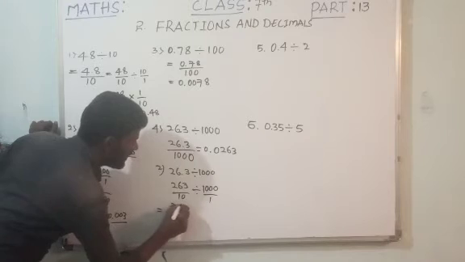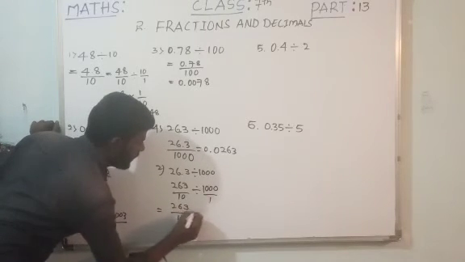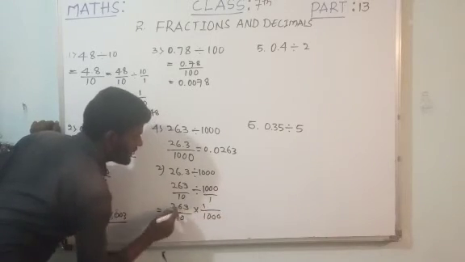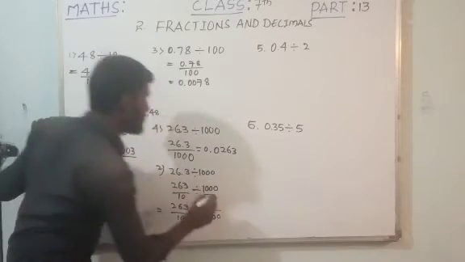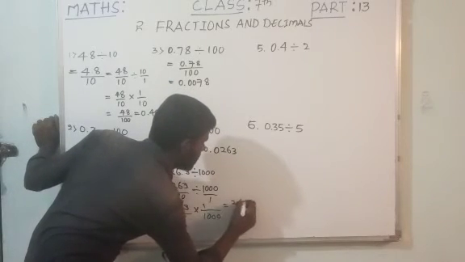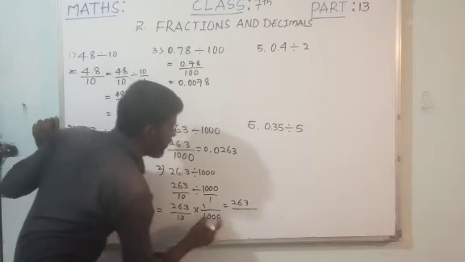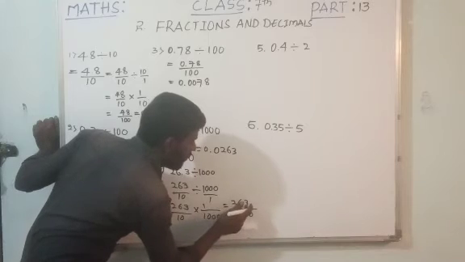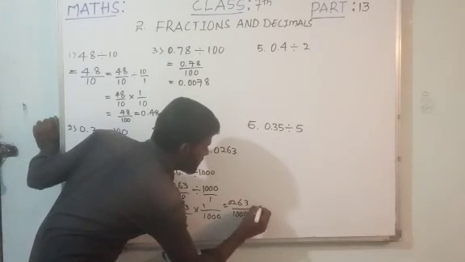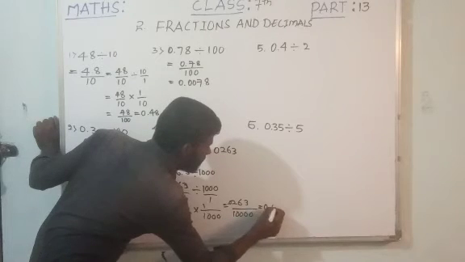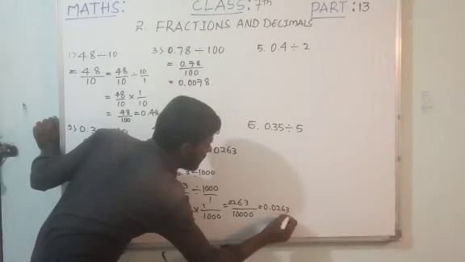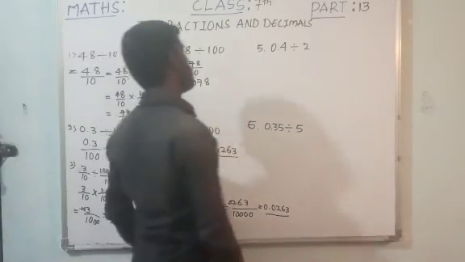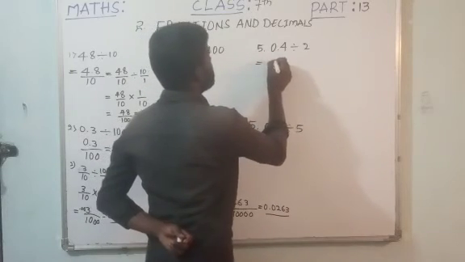Then 263 divided by 10 into the inverse of 1000 by 1, that is 1 by 1000. 263 ones are 263, there is no doubt at all. 263 divided by 10 into 1000 means 10,000, 1 2 3 4 zeros. Its answer, as I told you, is 0.0263. It's clear.